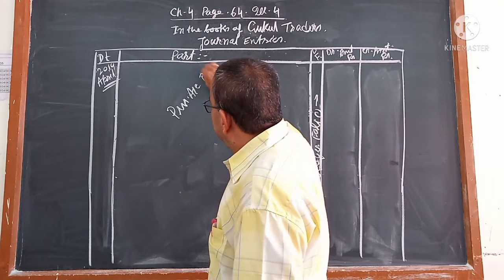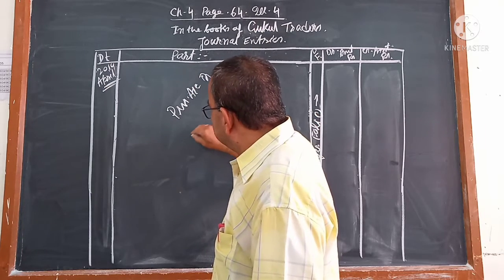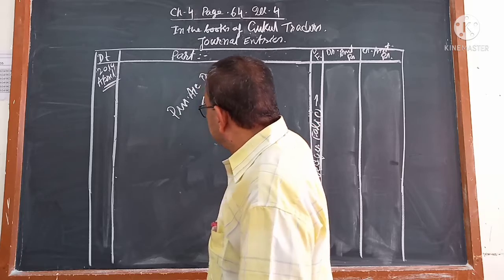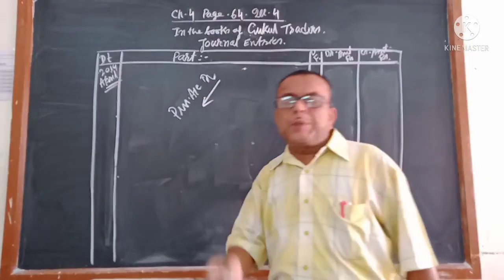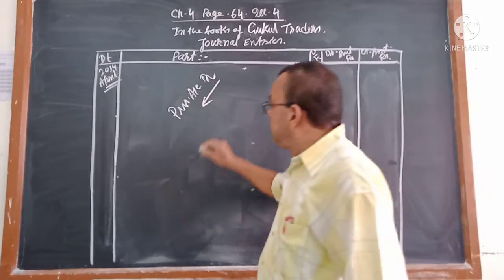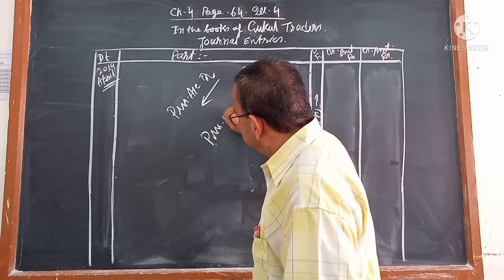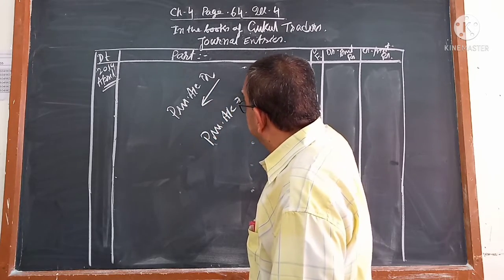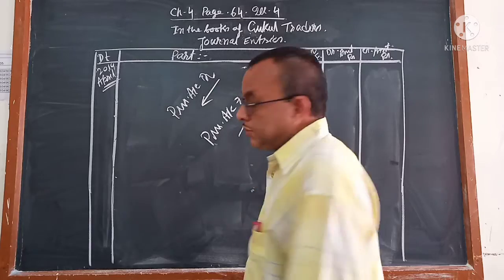If for any purpose goods is going out, then purchase account will be credit.